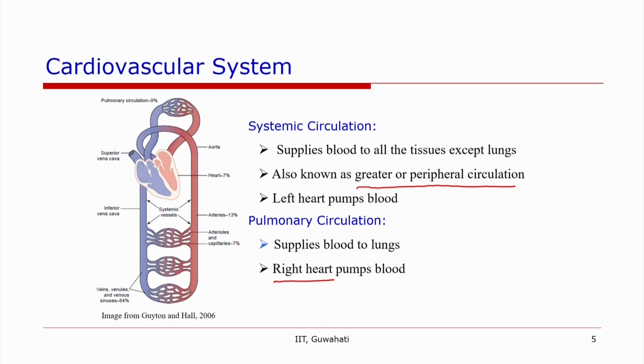As you might notice in this color coding here, the oxygenated blood is shown in red, whereas deoxygenated blood is shown by blue color.